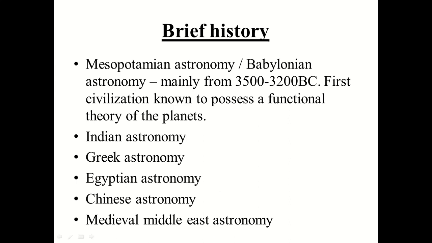We can say that astronomy began, or astronomical observations started, from the Mesopotamian civilizations itself, that is from BC 3500 to 3200s. This Mesopotamian civilization is the first civilization known to possess a functional theory of planets.